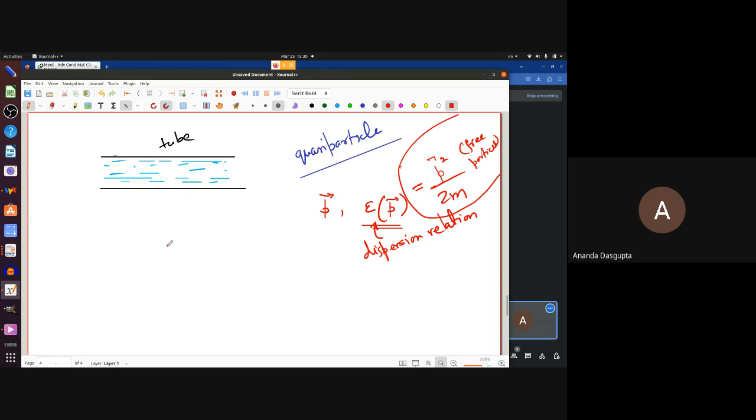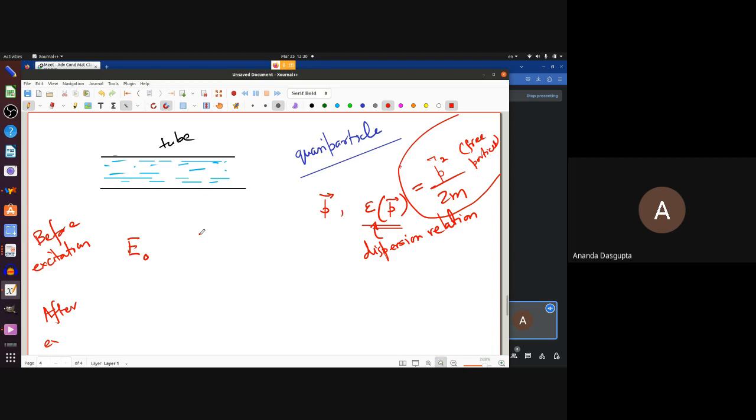So in the frame fixed to the fluid, you already had some energy of the fluid, some intrinsic energy, let's call that E0. This was before excitation. And of course, you had zero momentum, right? Remember, you are in the frame of the fluid, so the fluid is not moving in that frame. I don't care what the energy is.